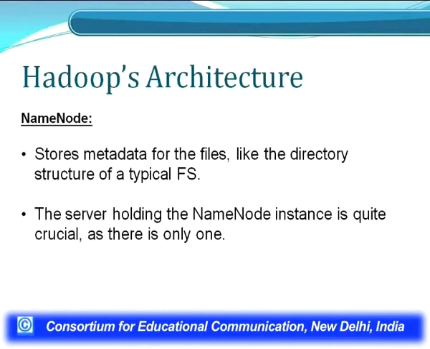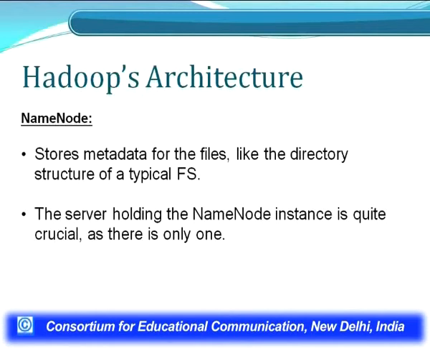The name node, which we have discussed, stores metadata for the files, like the directory structure of a typical file system. You may already know that the directory structures of typical file systems exist.